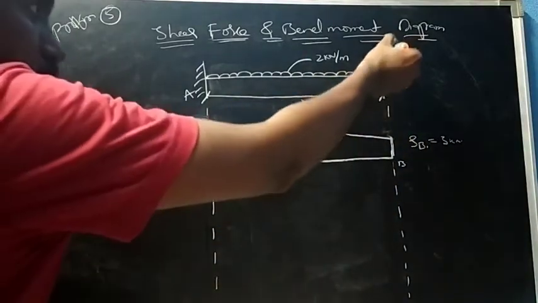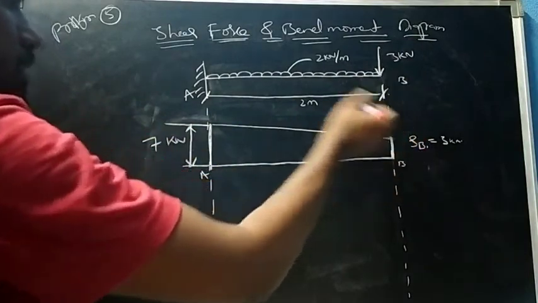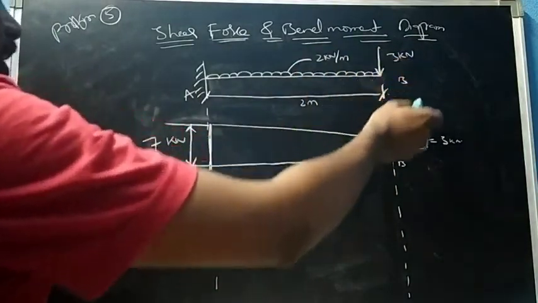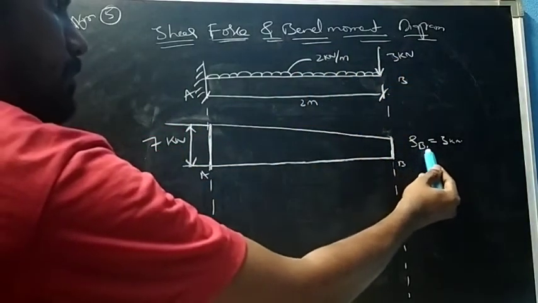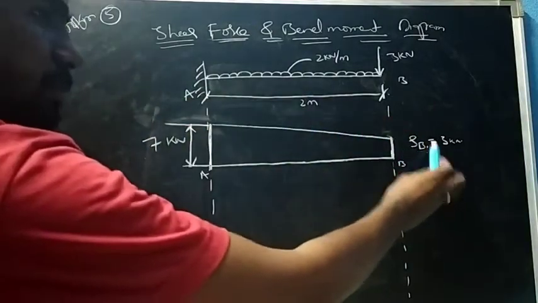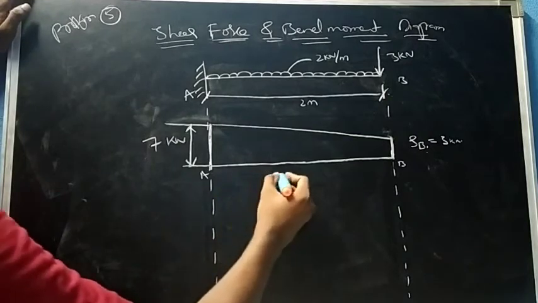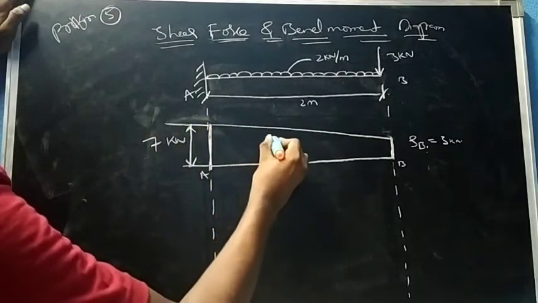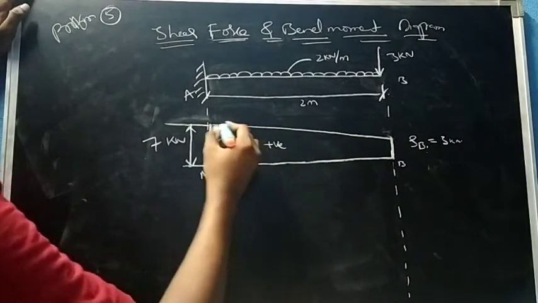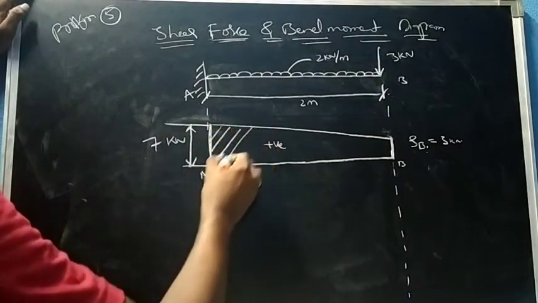Because of this load there is some shear, so that's why we take shear force at B1 and at B2. Is it clear? So this is positive, right? Shade this part.